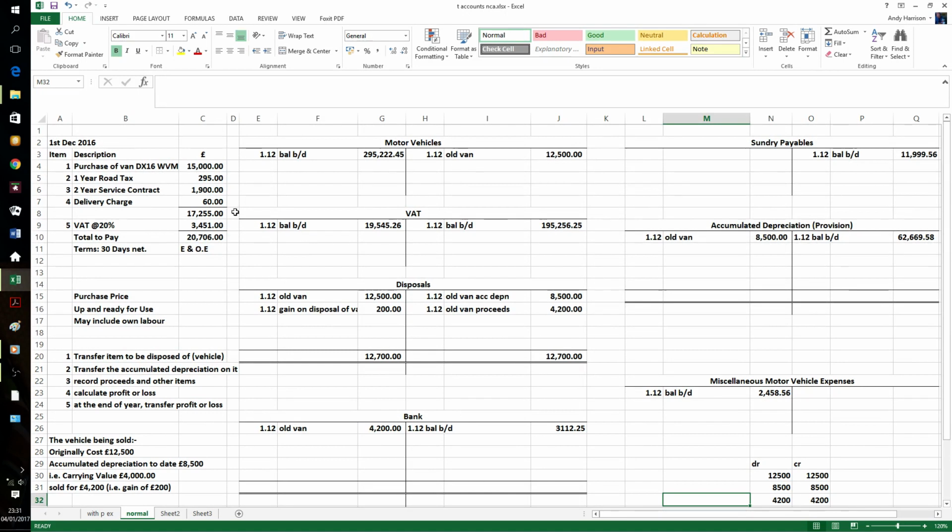Now we've just got to process the new van. That one will be the 15,000, but only the 60 net of VAT. It's a van, we can claim the VAT back, not including the road tax, because that is a revenue expense.